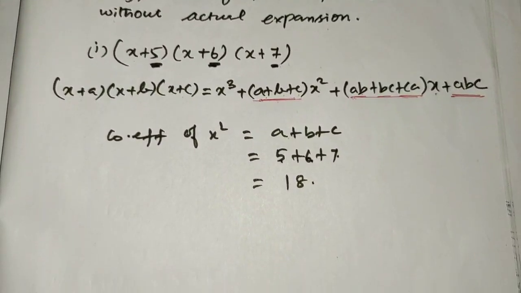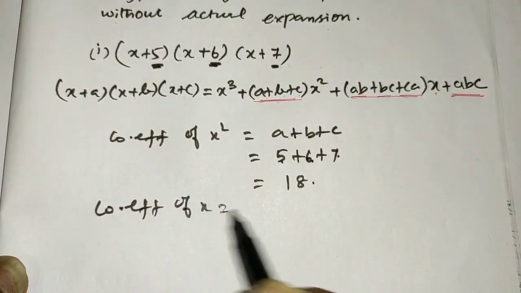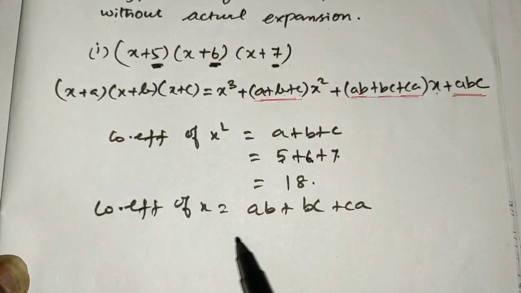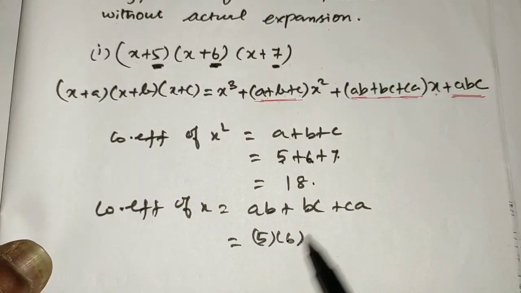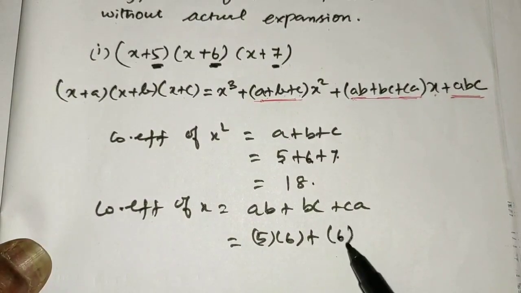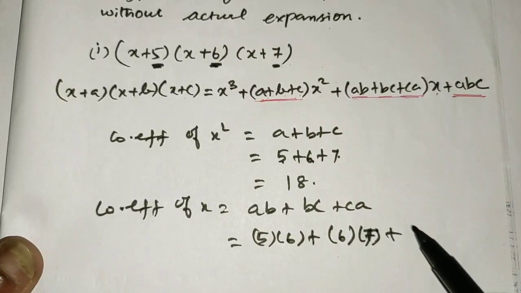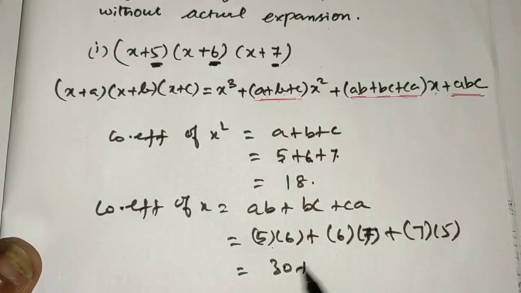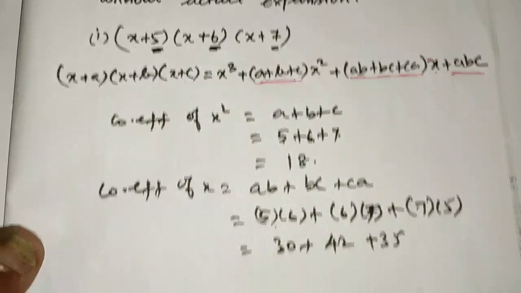Next we have to find the coefficient of x. The coefficient of x is ab plus bc plus ca. That is a into b, which is 5 into 6, plus b into c, that is 6 into 7, plus c into a, that is 7 into 5. 5 6s are 30, 6 7s are 42, 7 5s are 35.